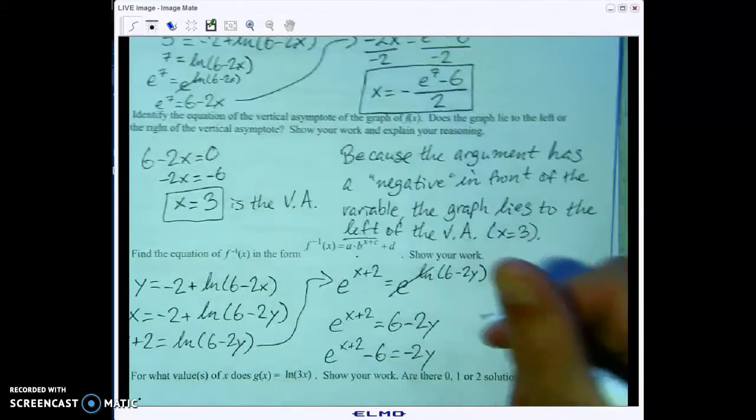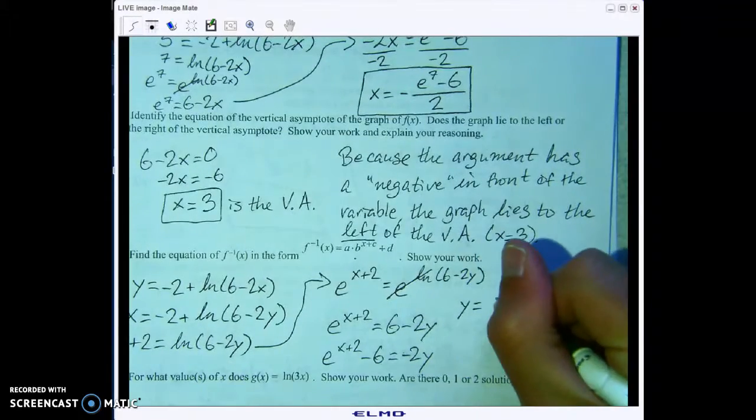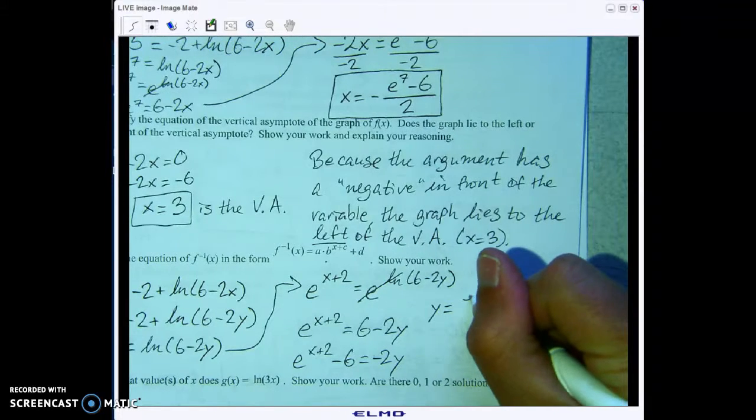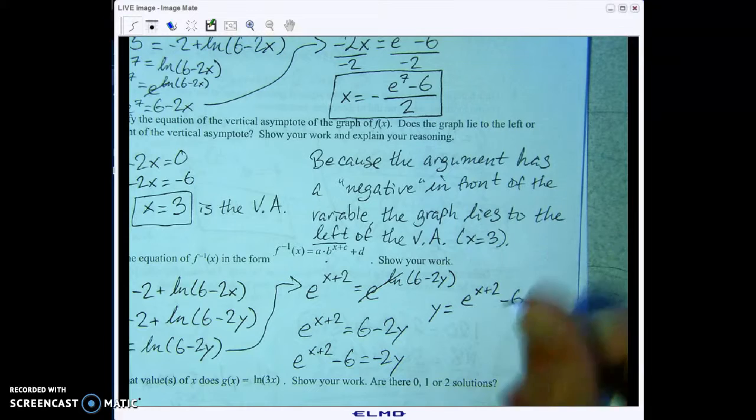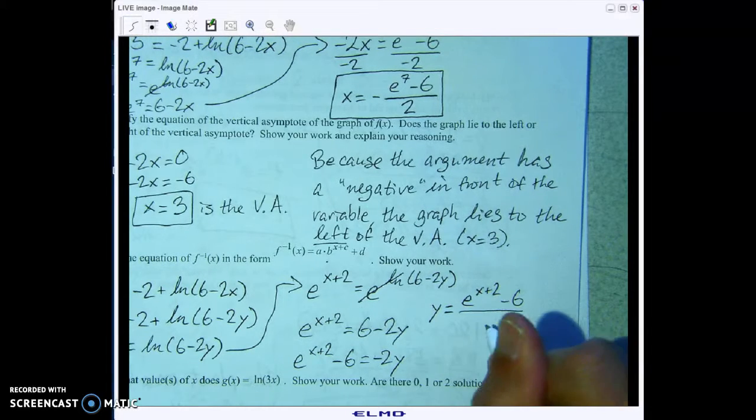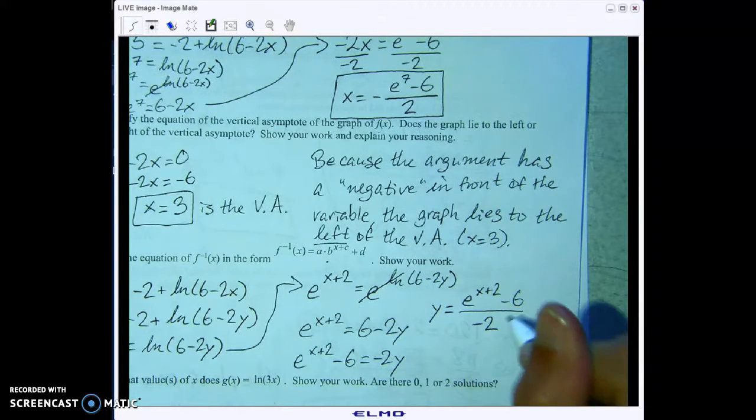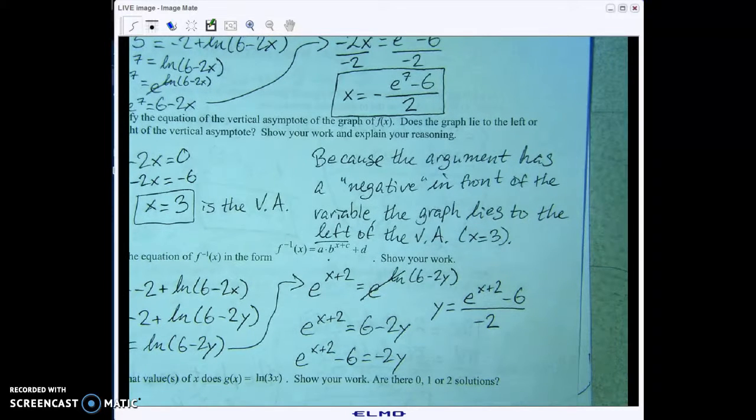Divide both sides by negative 2, and we get y is equal to e to the x plus 2 minus 6 all over negative 2, right?